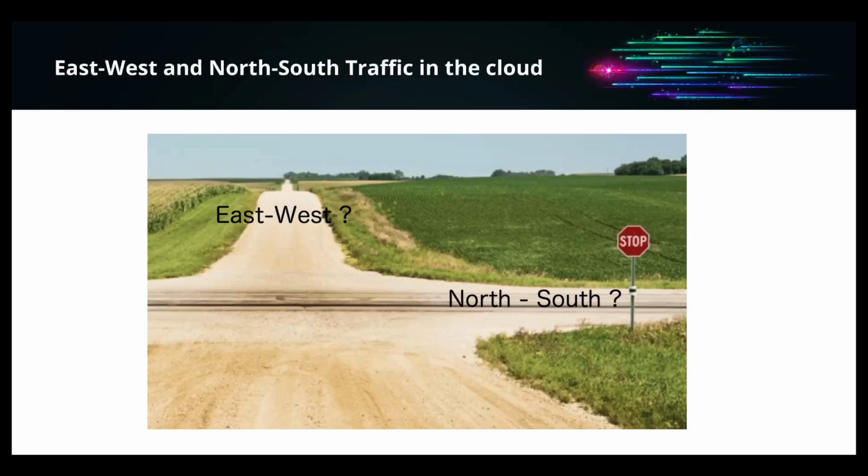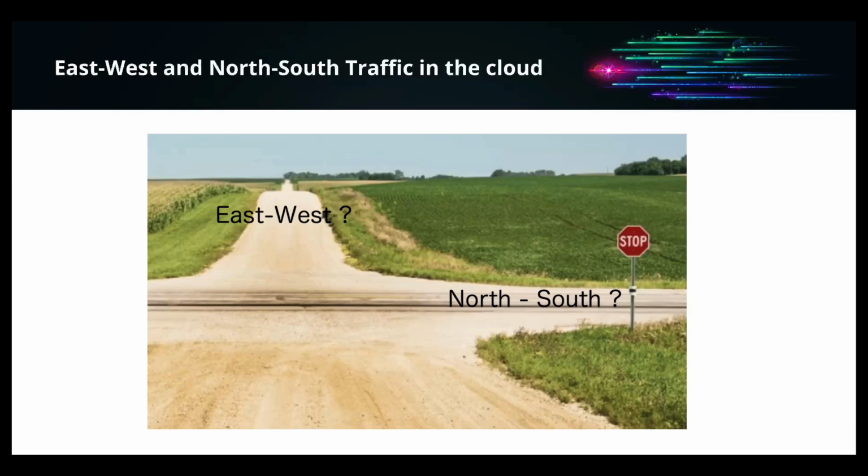We can think about containers as well, or databases inside the VPC, virtual private cloud. For example, data going between an EC2 instance and a database like RDS in the same region is considered east-west traffic. So you can think of it like different parts of a machine working together.